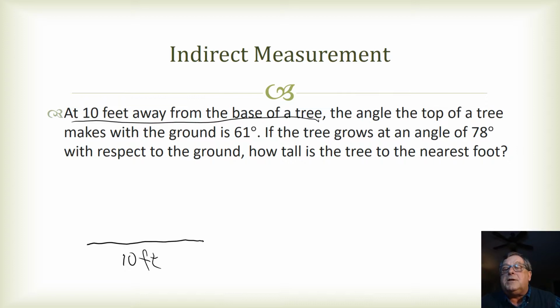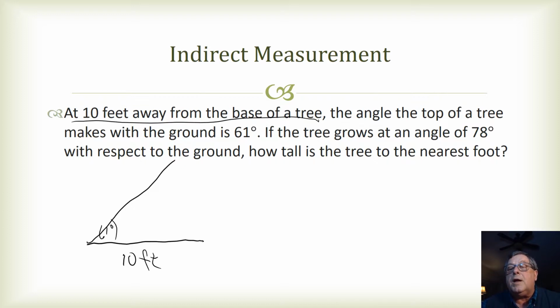Now, the angle the top of a tree makes with respect to the ground is 61 degrees. So from the top of this tree down to the ground is 61 degrees. And if the tree grows at an angle of 78 degrees with respect to the ground, how tall is the tree?